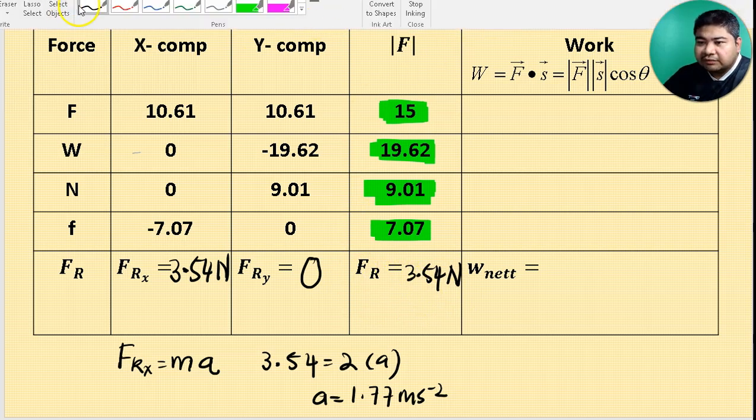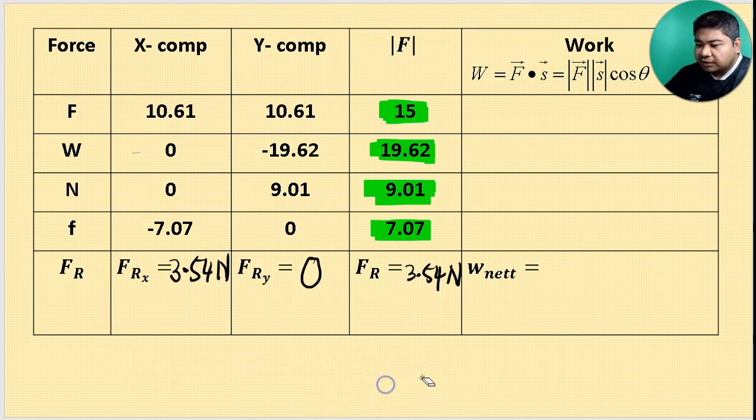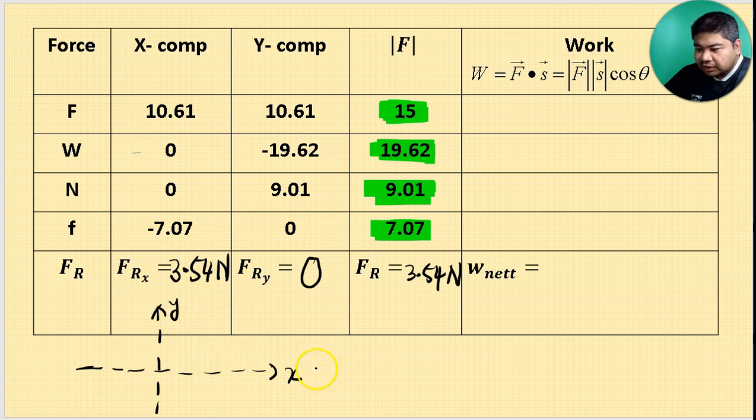Because now we have the net force, we can draw it to get the direction of the resultant force. I'm going to quickly draw it here. We draw the Cartesian axes first, so this is the y-axis, and this is the x-axis. 3.54 is positive, and if you remember from the previous slide, we take this direction as the positive direction.